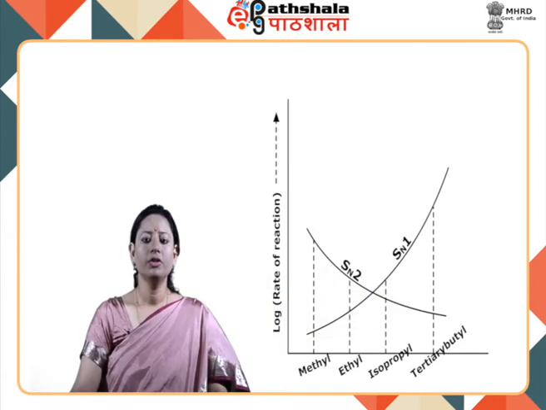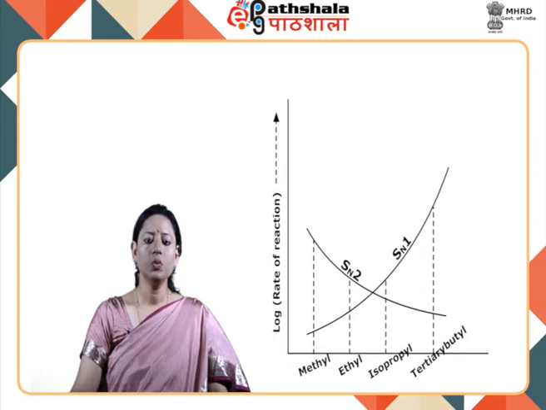This plot for the rate of hydrolysis with dilute aqueous ethanolic sodium hydroxide has two curves, and the substrates are methyl bromide, ethyl bromide, isopropyl bromide and tertiary butyl bromide. One curve is for the SN2 mechanism and the other is for the SN1 mechanism.